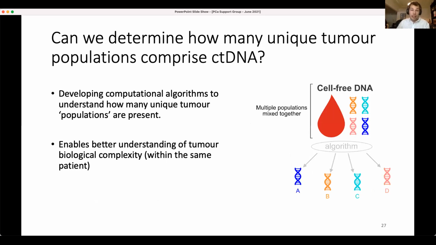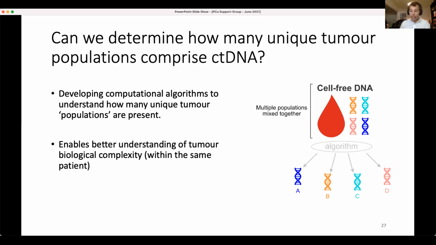So one of the things I'm trying to work on is develop a computational algorithm that tries to understand how many unique tumor populations are present in a patient's body. And the goal of this is to better understand biological complexity at the level of individual patients.